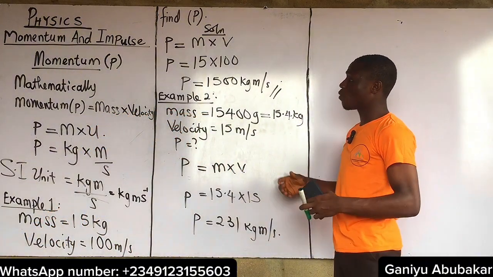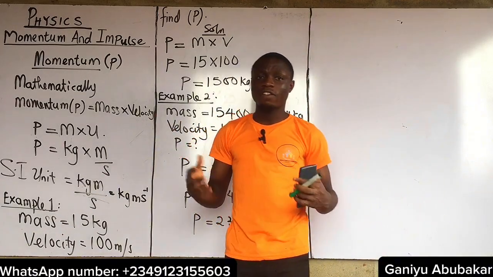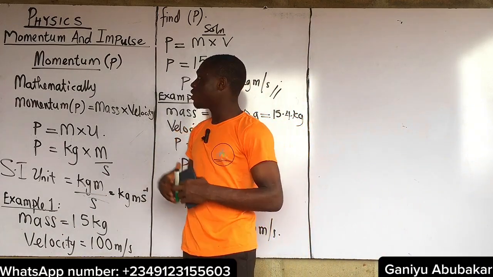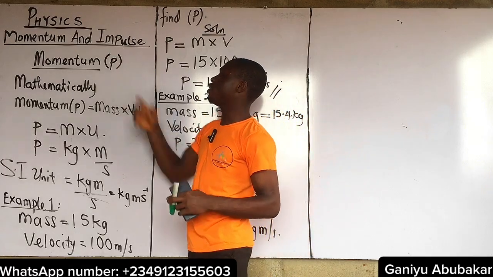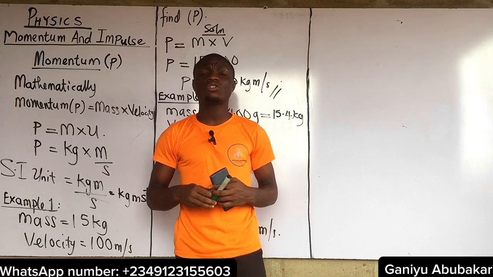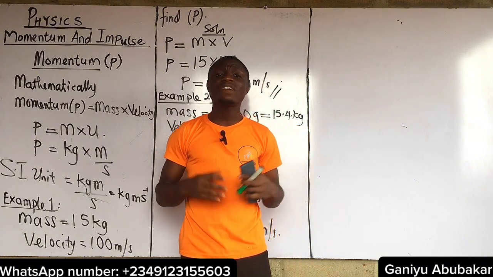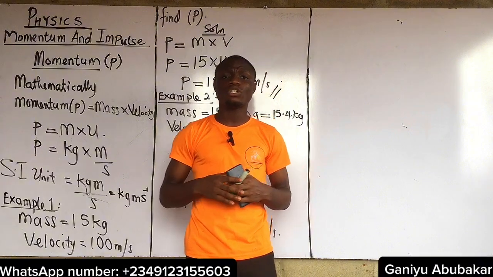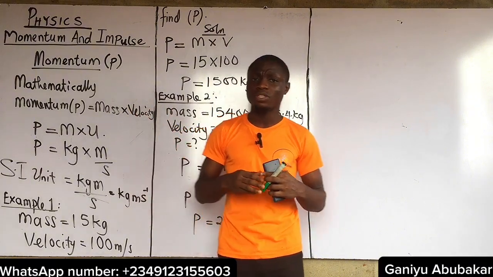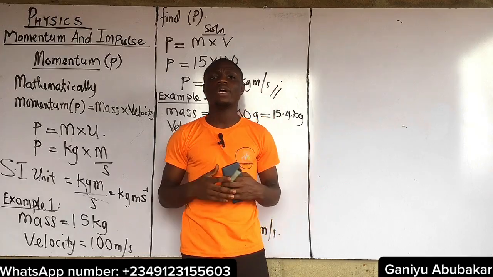So this is how to calculate the momentum of a given body. All right, let's dive into the second concept called impulse. Let's try to solve several examples on impulse. After that, we take some JAMB and WAEC past questions on momentum and impulse and solve together.